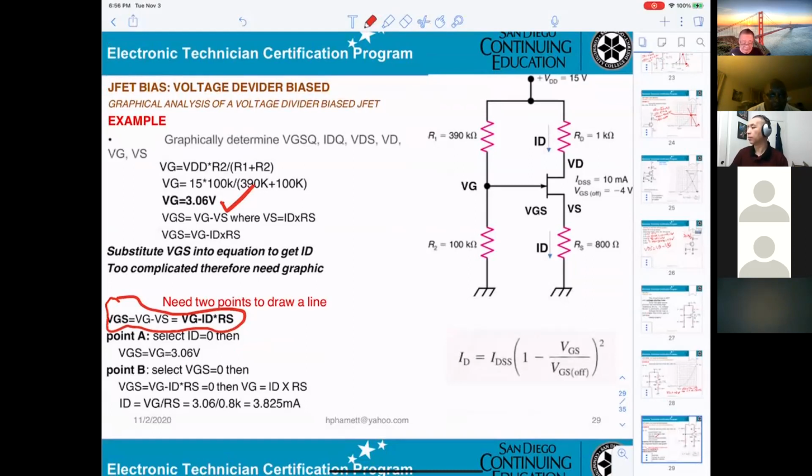And now you need 2 points. First thing, they say select ID equals 0. If ID equals 0, then VGS equals VG, 3.06.